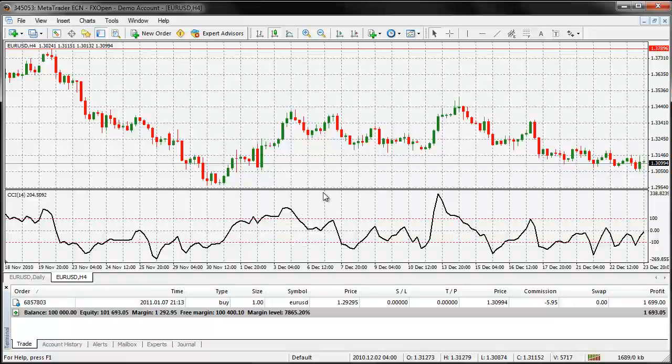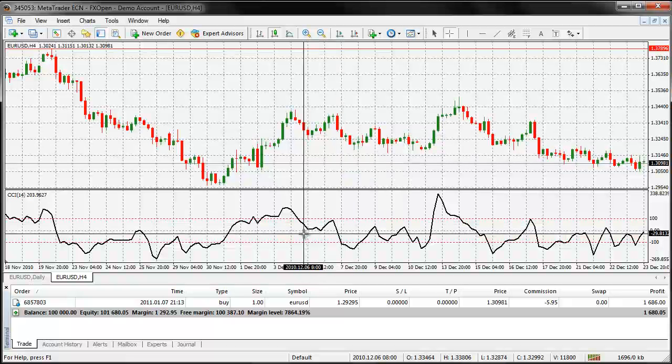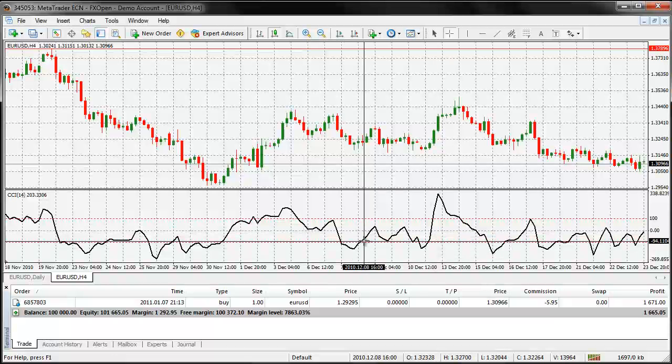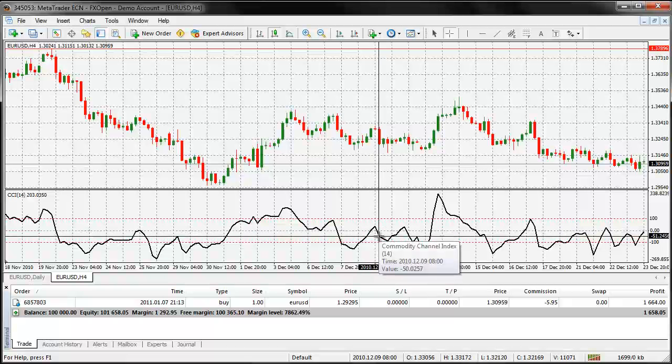Now we could take a look at the market where, see this vertical scale, when the black line goes above it, we can go long. And when the black line goes below it, we can go short. But that's not really the true way to do that, because you can get to the point where it goes long here and then it goes up a little bit and it starts to come back down.